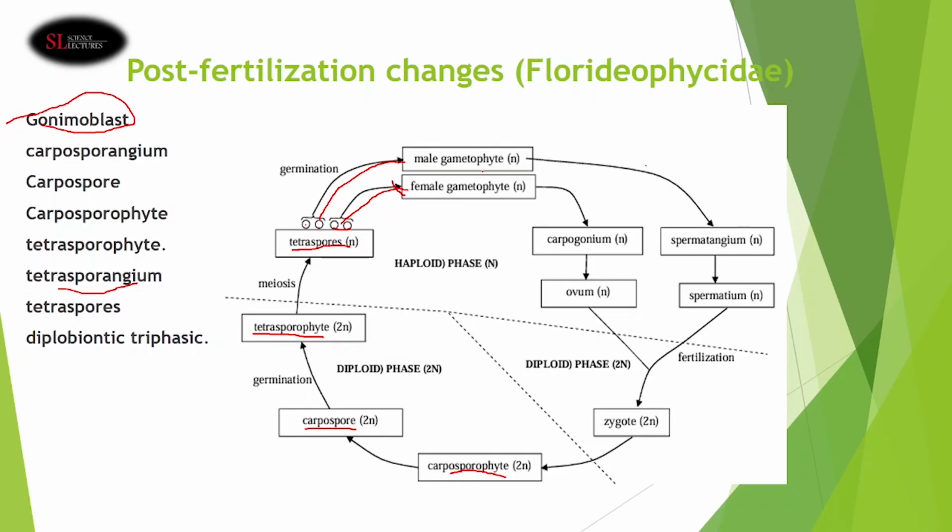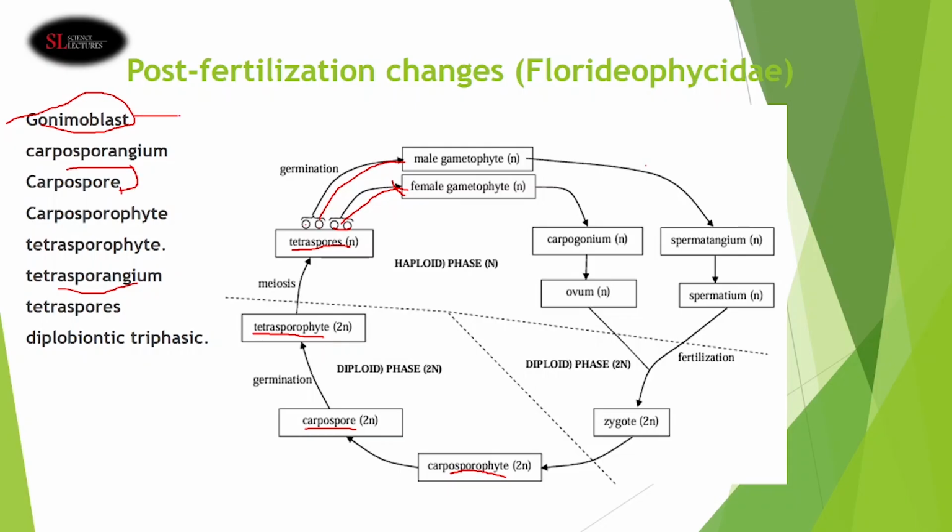floridiophycidae. The male gametophyte forms the spermatium, the female forms the ovum, and the two fuse together to form a diploid zygote. The diploid zygote undergoes mitosis to form a structure called the gonymoblast. Then the apical cell of the gonymoblast forms the carposporangium. The carposporangium contains diploid spores called carpospores.